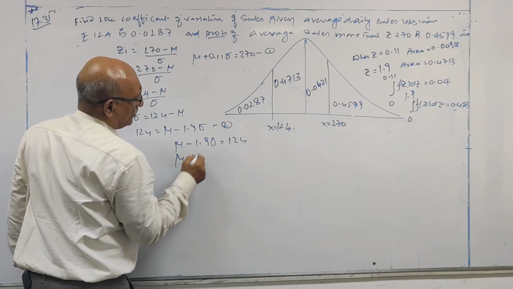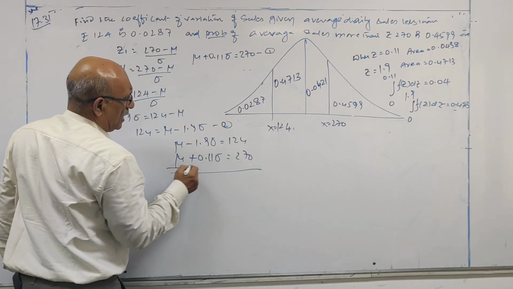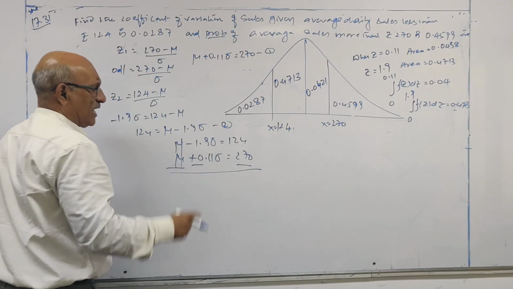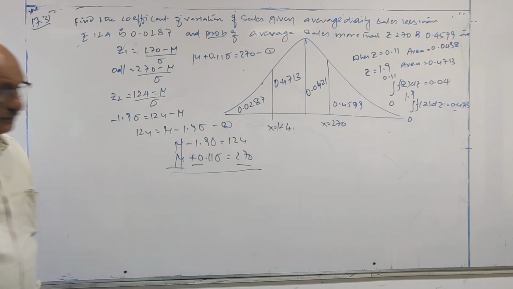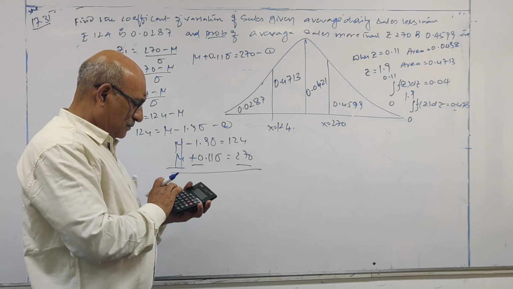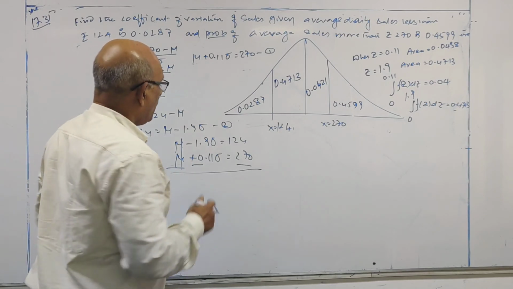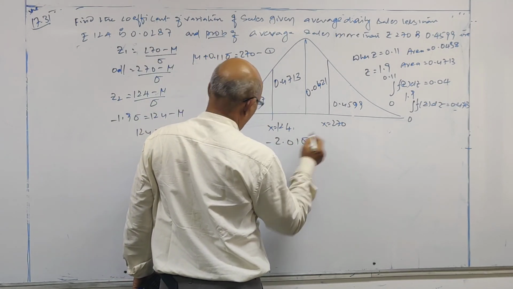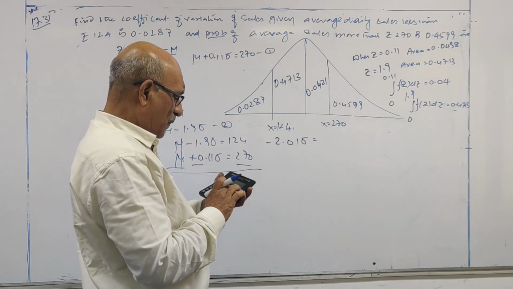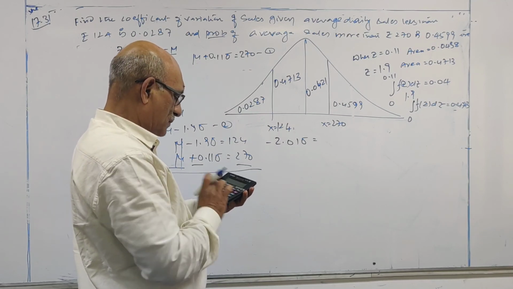Mu plus 0.11 into sigma is 270. Minus mu minus 1.9 into sigma. The mu terms cancel. 1.9 plus 0.11 is 2.01, with negative sign, sigma is equal to 124 minus 270.